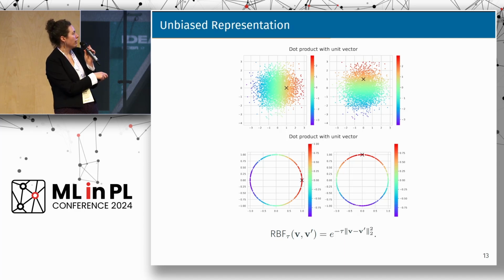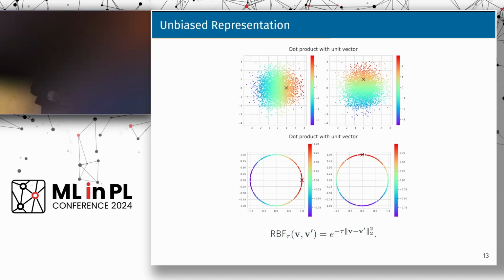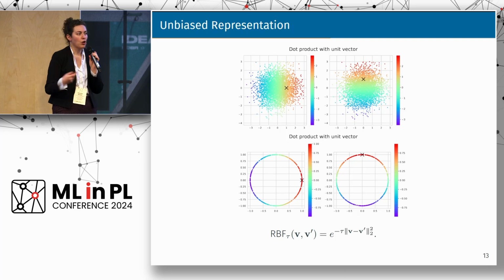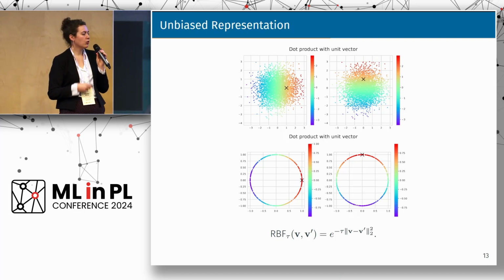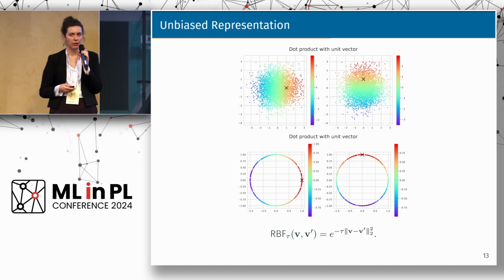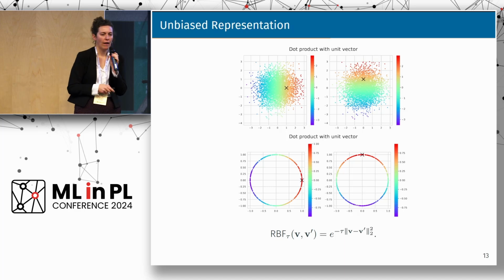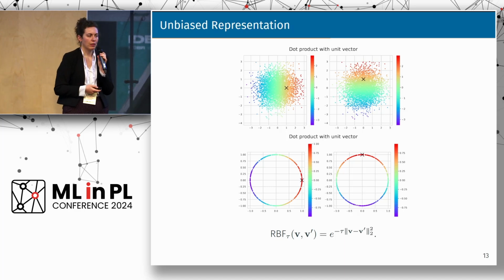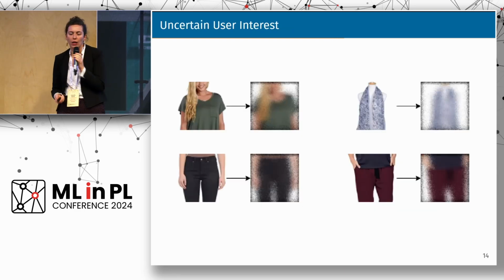And below you can find the radial basis function, also called the Gaussian potential, to regularize the embeddings for uniformity. It's minimized for the uniform distribution, so it forces the model to provide uniformly distributed embeddings. It's a technique also known from representation learning, from self-supervised learning, from some unsupervised approaches.